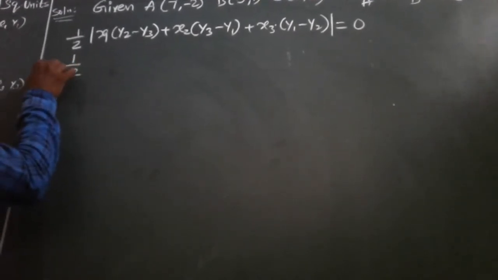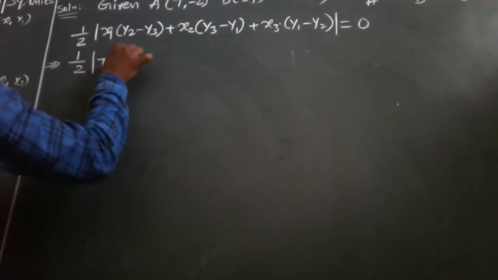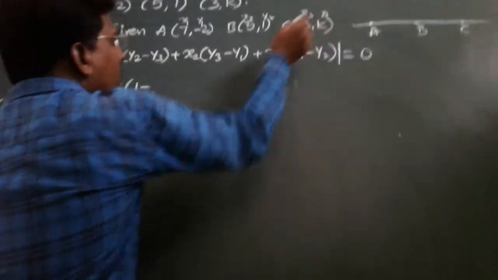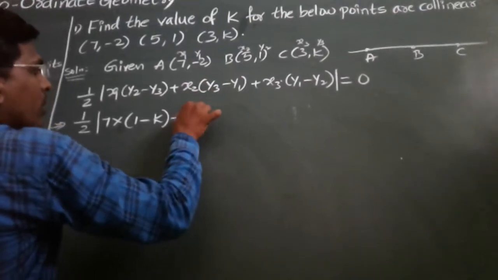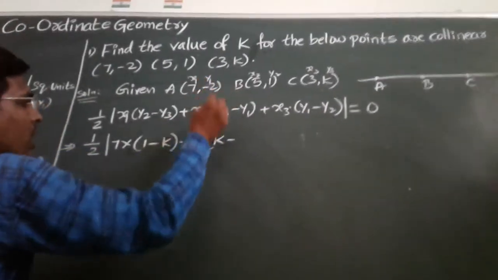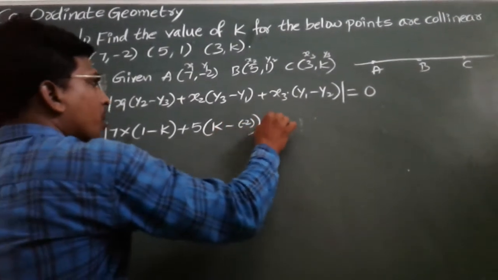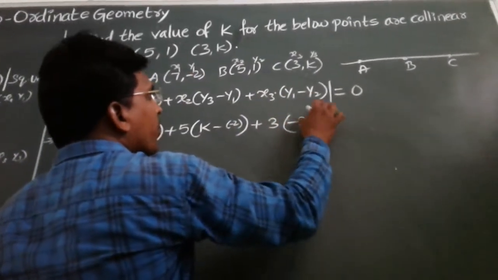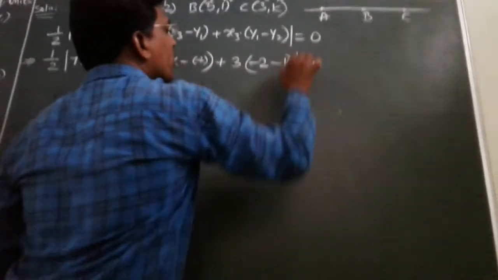So 1 by 2 into mod, x1 value, what is x1? 7 into y2 value, what is y2? 1 minus y3 value, k, plus x2 value is how much here? 5 into y3, y3 is nothing but k, minus y1 value again minus 2, k minus of minus 2, plus x3 value 3, y1 value minus 2 minus y2 value 1, mod is equal to 0.